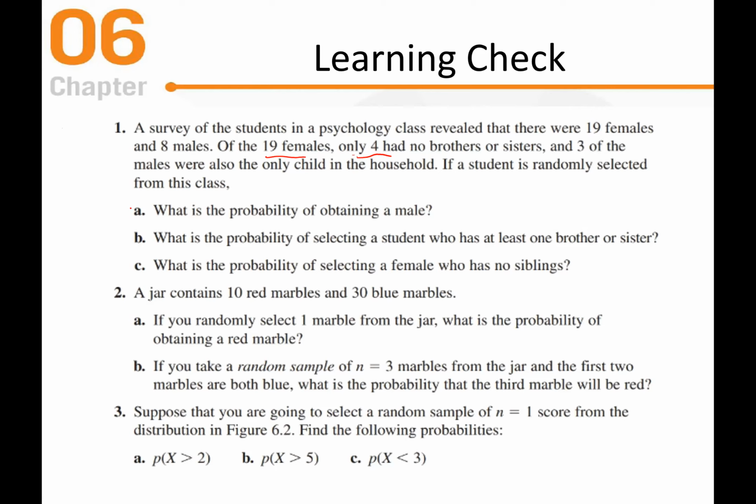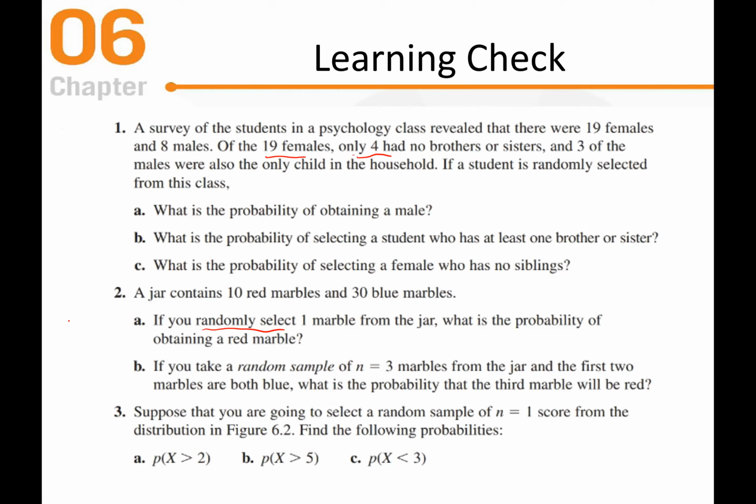In this one, a jar contains 10 red marbles and 30 blue marbles. If you randomly select one marble from the jar, what is the probability of obtaining a red marble?